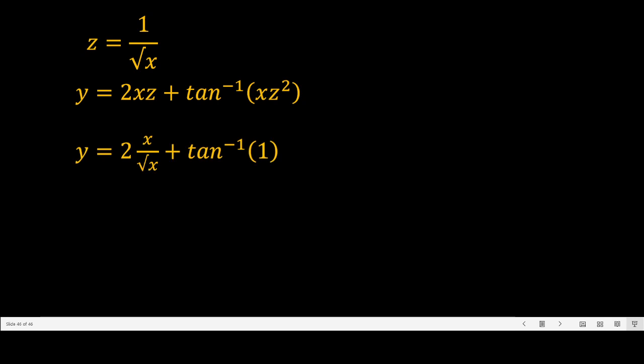By substituting z in the second equation, we will have y equals 2x over square root of x plus tangent inverse of 1. And we know that the tangent inverse of 1 equals pi over 4. And finally, we could solve the problem: y equals 2 times x over square root of x plus pi over 4.